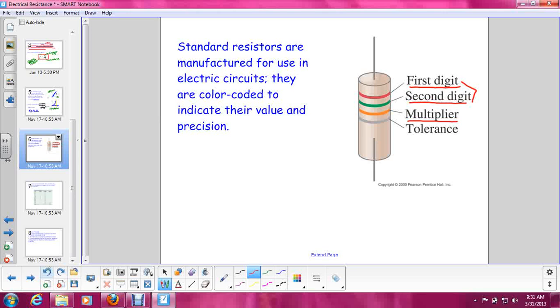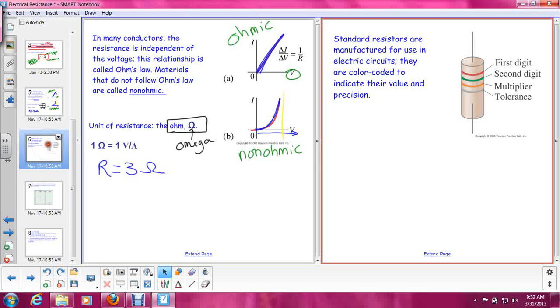If it's times 10 to the 1, you take whatever this number is and multiply by 10. And finally, the metallic band is your tolerance. So let's go ahead and try and see if we can figure out how many ohms of resistance this resistor has by using a special little chart that I have here.